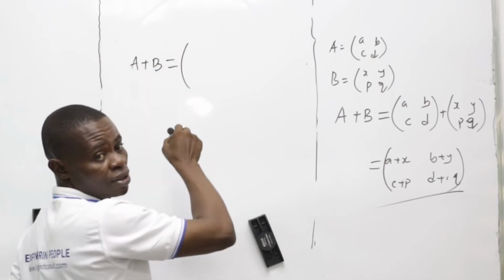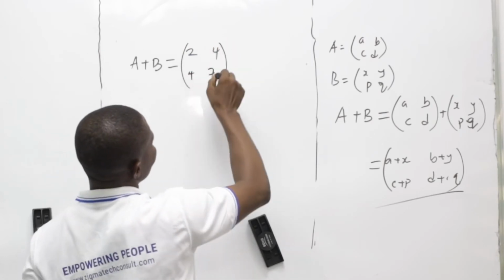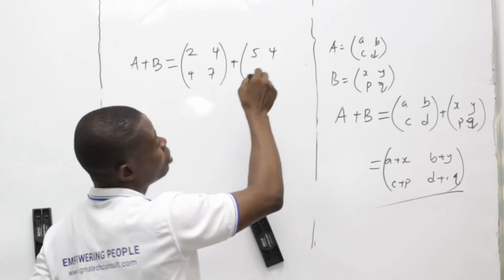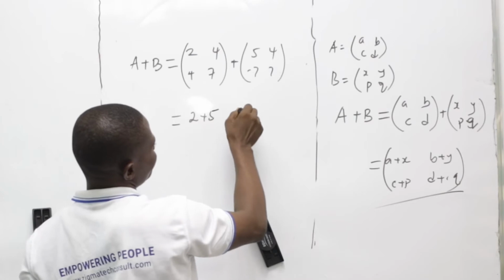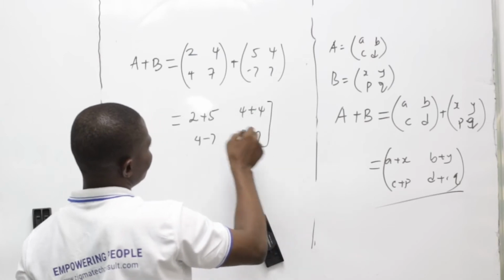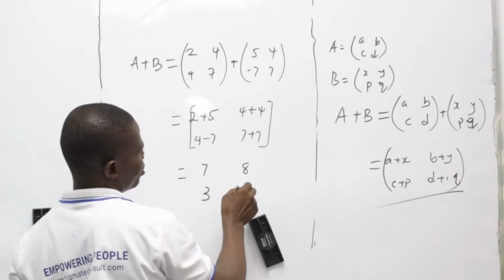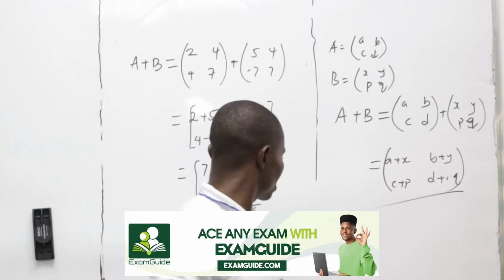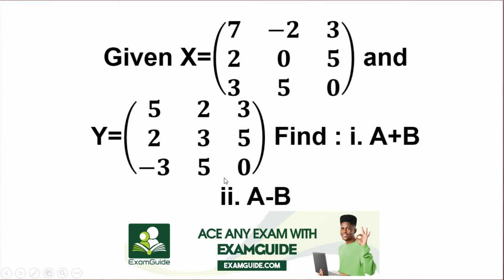So this is 2, 4, 4, 7, plus 5, 4, minus 7, 7, to give us what? 2 plus 5, 4 plus 4, 4 minus 7, 7 plus 7, to give us 7, 8, minus 3, 14. So A plus B equals 7, 8, minus 3, 14. That is for the addition of matrices.